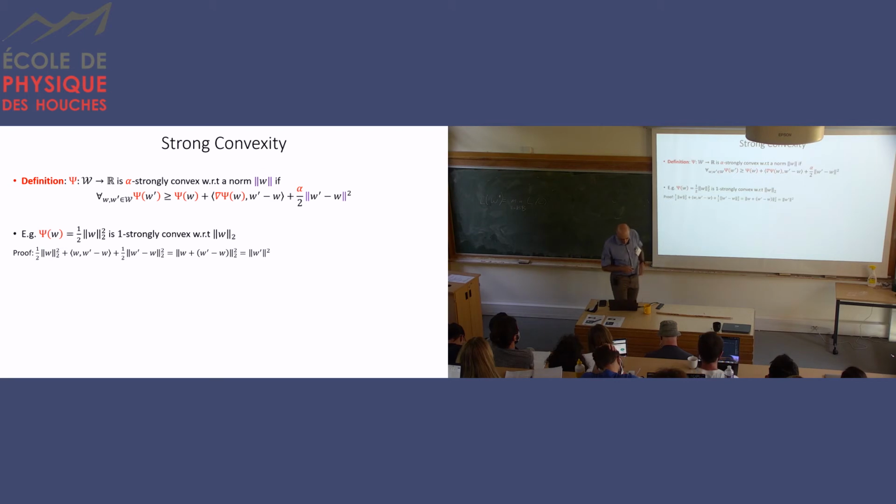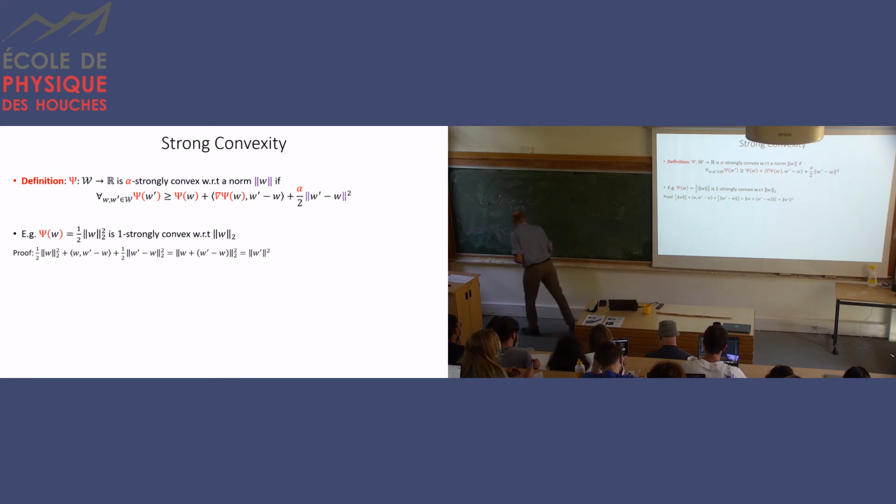We're going to say that a function psi, remember we're always living over our normed vector space, a function psi that maps vectors to the reals is alpha strongly convex if the following holds for any w and w prime.